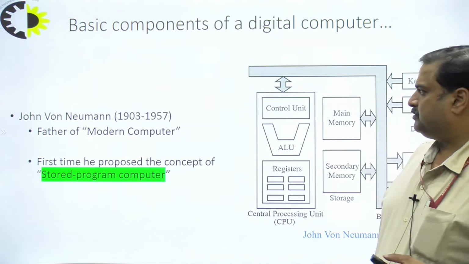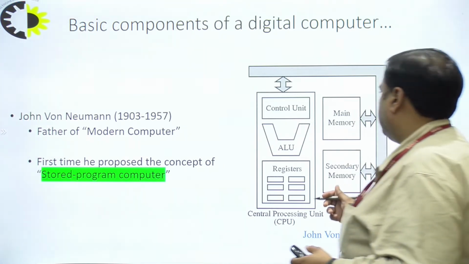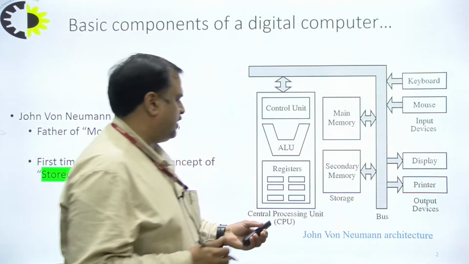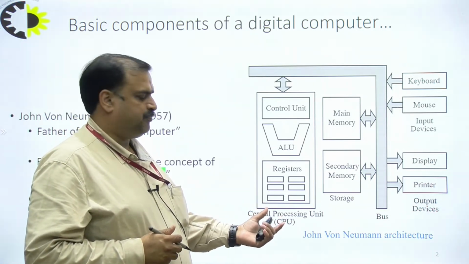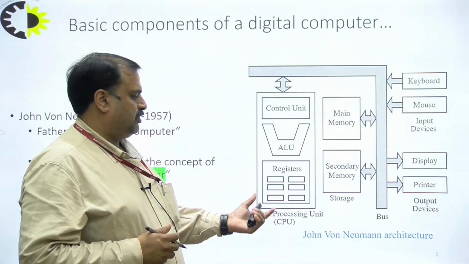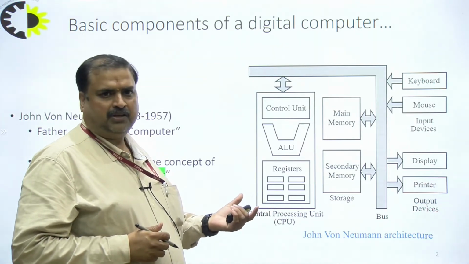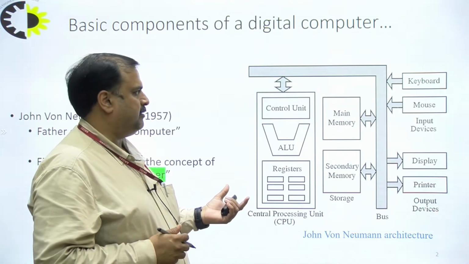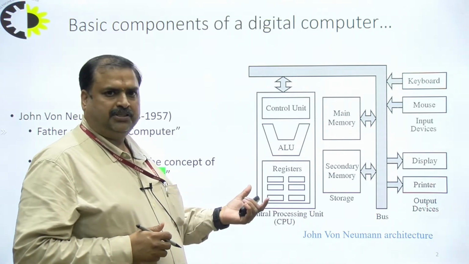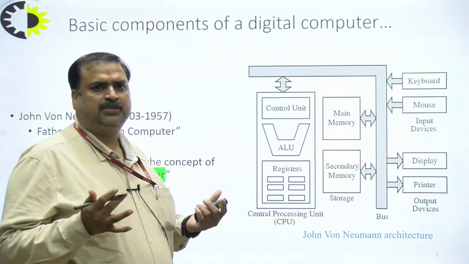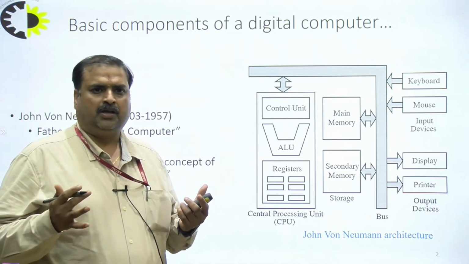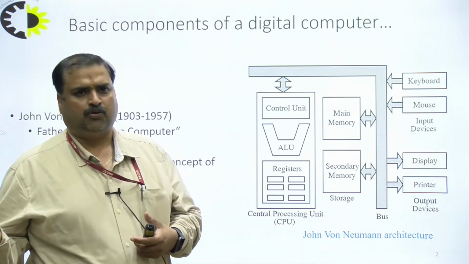If we talk about the abstract diagram for the computer system or a digital computer, John von Neumann was said to be the father of computers, and he has given a model for digital computers. Digital computers basically have some kind of input, processing, and then output.